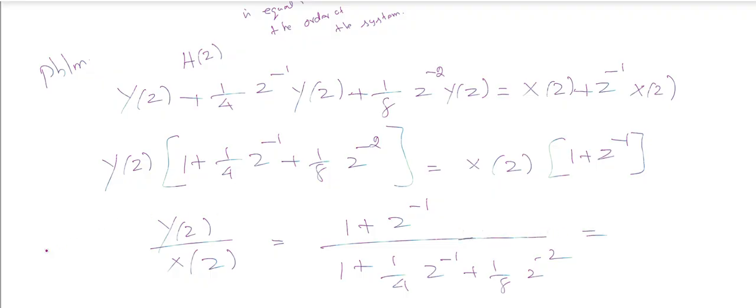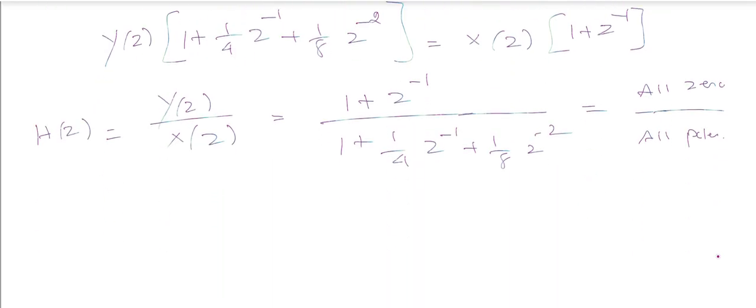H of z is a rational function: the numerator polynomial coefficients are the all zeros of the system, and the denominator polynomial coefficients are the all pole system. So how to realize this in terms of direct form 1 structure?